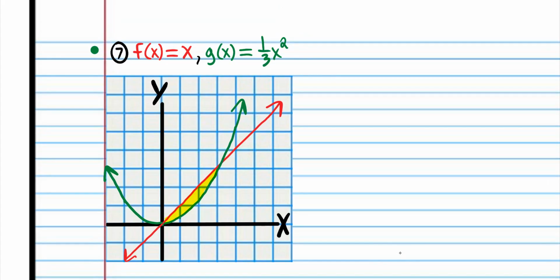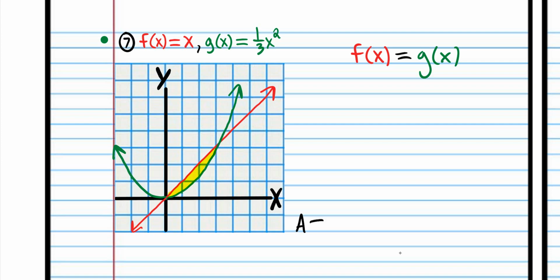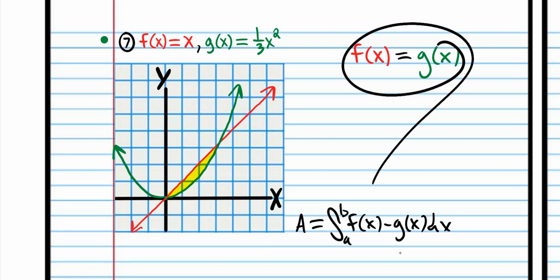In order to do that, we have to set the y values equal to each other and solve for x. Then we're going to use our special formula. Area is equal to the integral of f of x minus g of x from a to b, and this equation up here is going to tell us what a and b are.